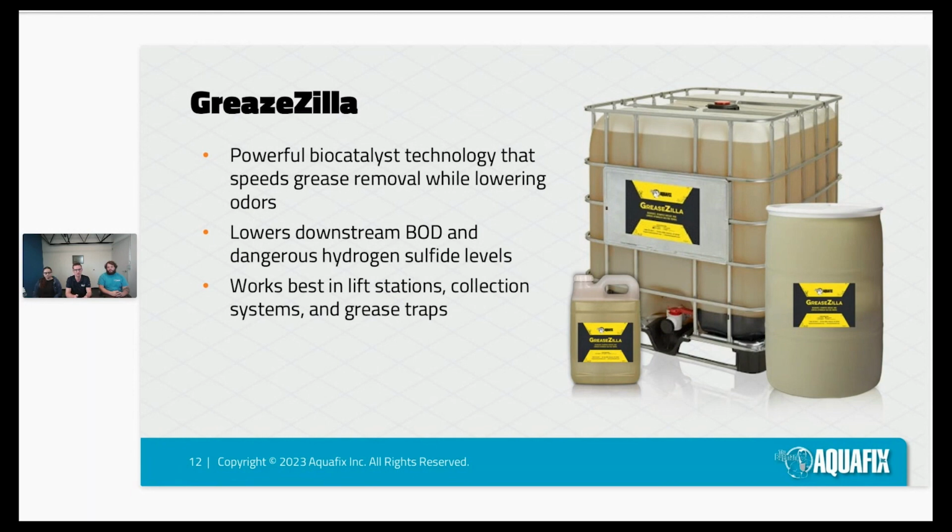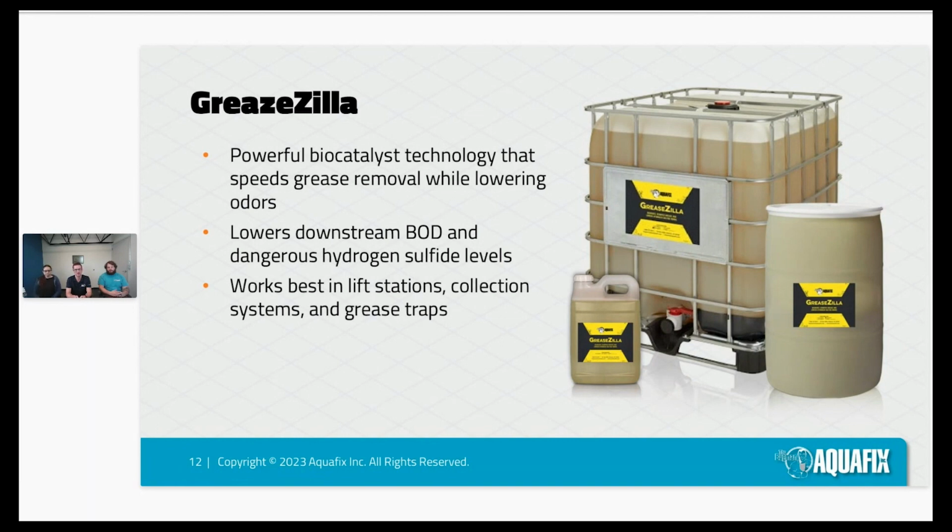So with Greasilla, we can apply both bacteria and enzymes to either lift stations, collection systems, collection lines, grease traps, you name it. By doing so, you start the degradation process a lot sooner. As Saylor talked about, it's really critical to break those long-chain fatty acids that are only consumed by filaments and filaments alone.